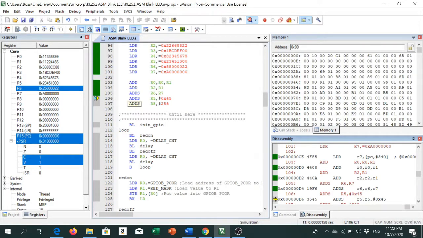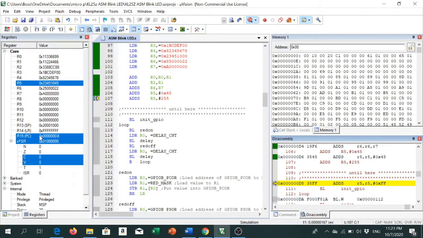The fourth example is the hexadecimal immediate value. The operation is R5 plus hexadecimal 45, and it will save to R5. So R5 will change. The flags will be updated.